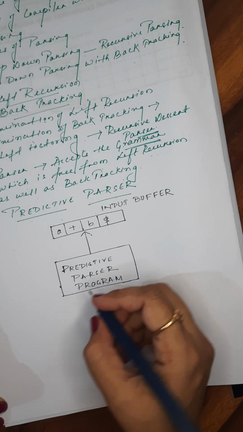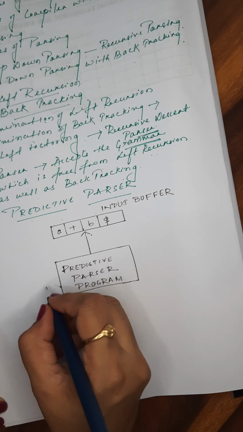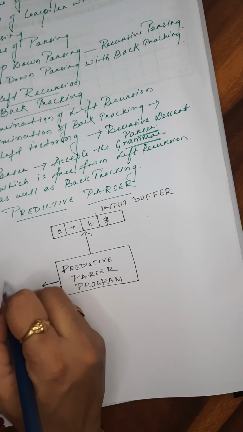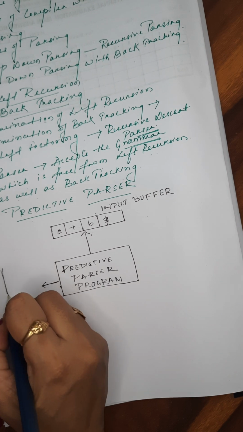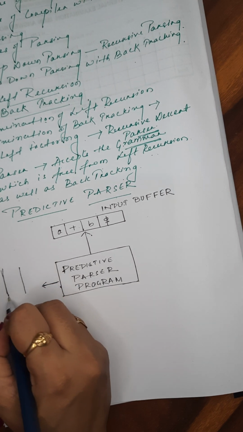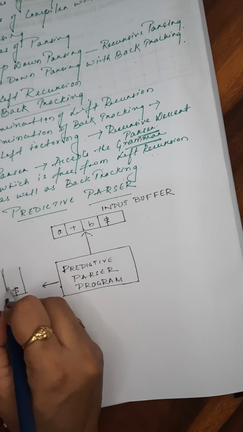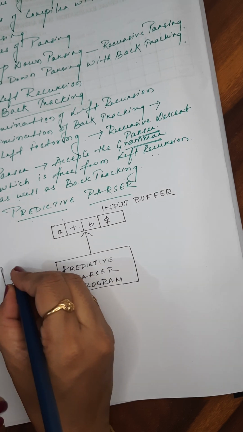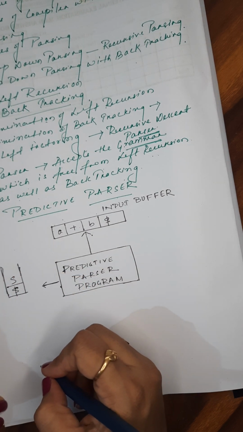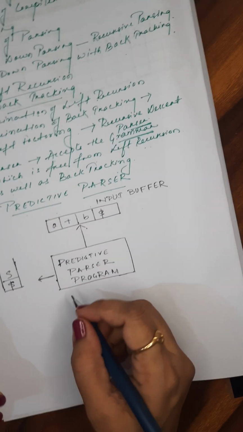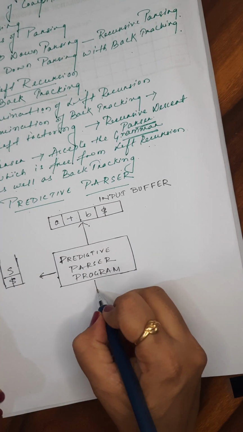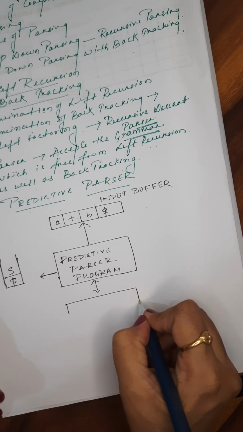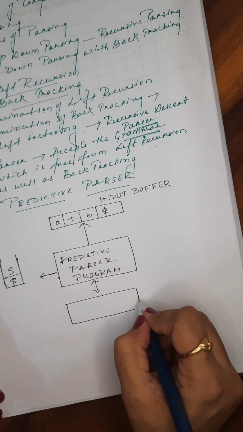Then, when we implement the predictive parser, the input is processed using a stack, and the grammar will be stored in the stack. Lastly, we have to construct a parsing table.